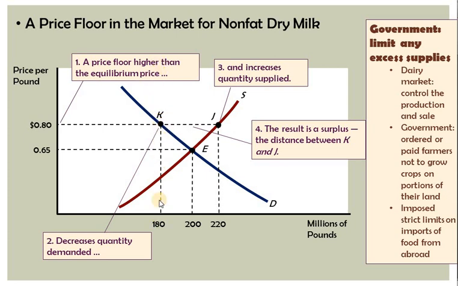Ayan, bababa po. Ayan. So it's just like same rules of what we have kanina. And increase supply or increase the quantity supplied. Okay? Bakit nga po? Dahil po again, tumaas po ang ating presyo. The result is a surplus. The distance between K and G. So yun, K and G.